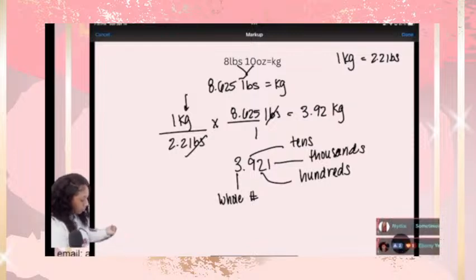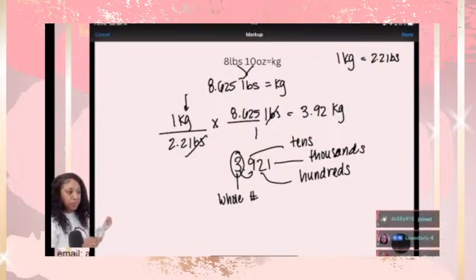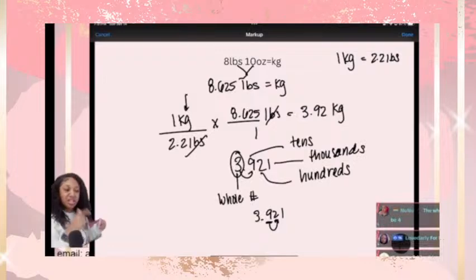So if it's asking you to round to the whole number, you're always going to go to this, and then you're going to look one space to the right. If it's asking you to round to the tens, you're going to look right here. That's your tens place, and then you'll look to the next place.